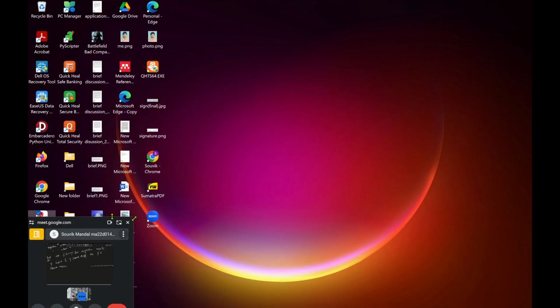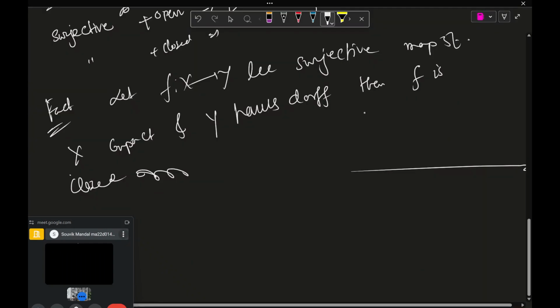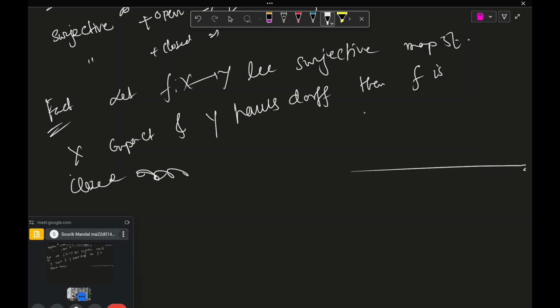Wait a minute, please. This closed map and hence quotient map.